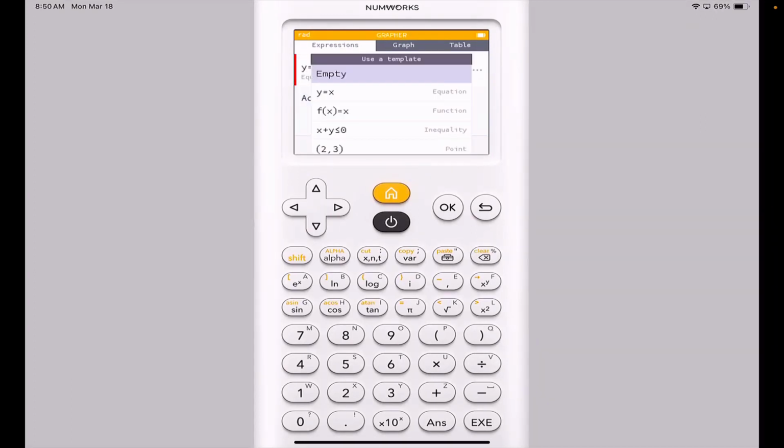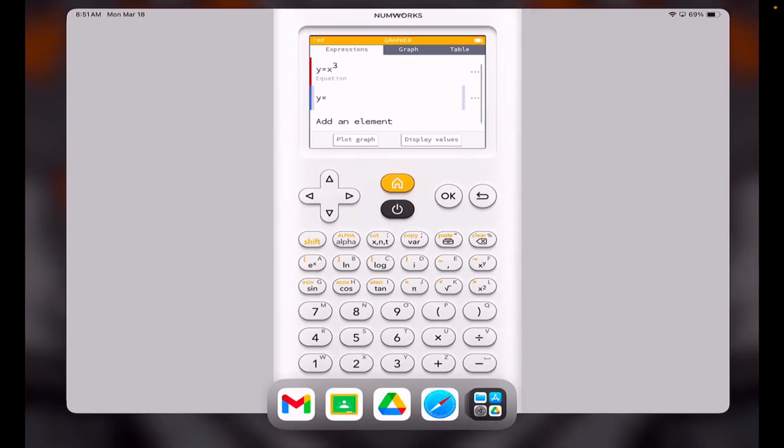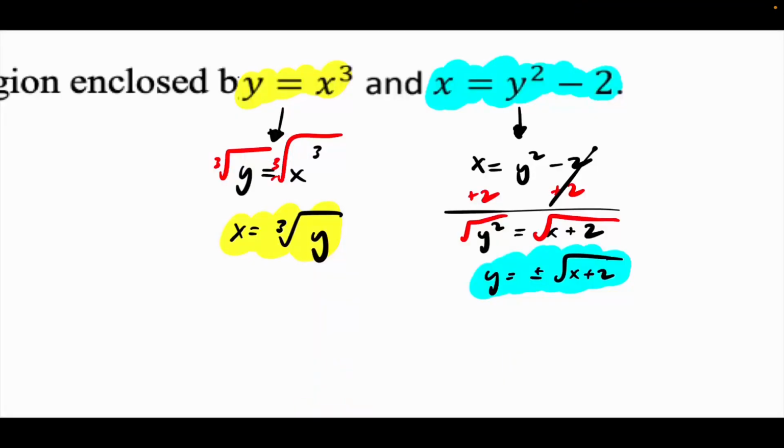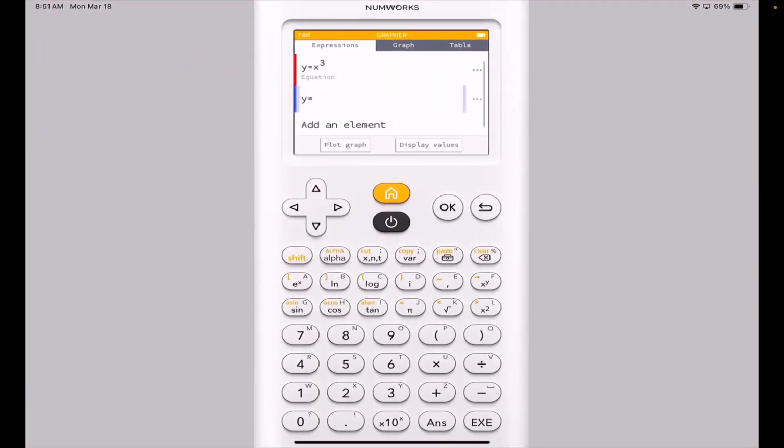Next one. Y equals, so I need two graphs here, a positive one and a negative one. So just like I did the last one. Positive square root x plus 2. Negative square root x plus 2. So the blue and the green on mine are going to be the same graph. Red's a separate graph. Okay.